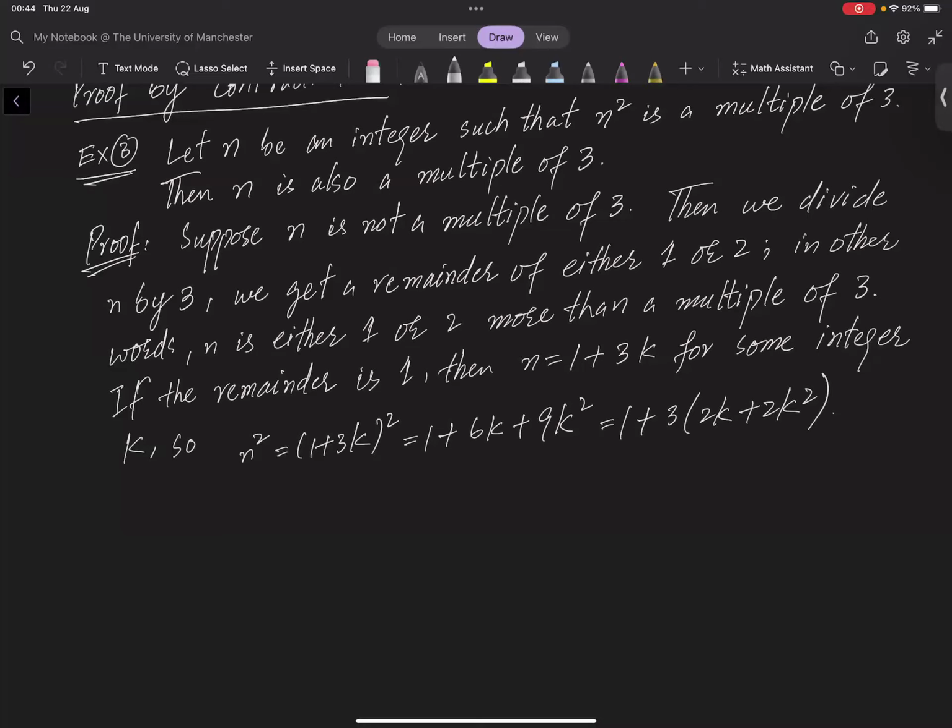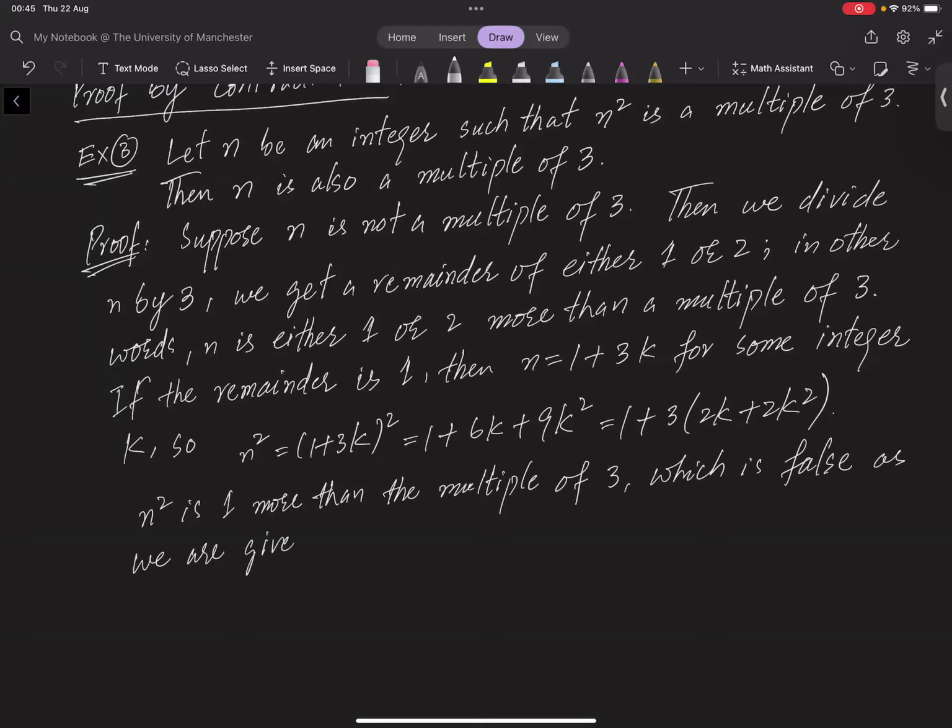But this means that n square is 1 more than a multiple of 3, which is false, because we are given that n square is a multiple of 3.